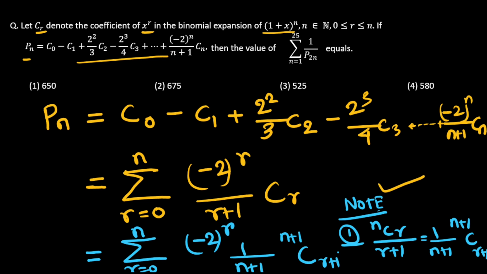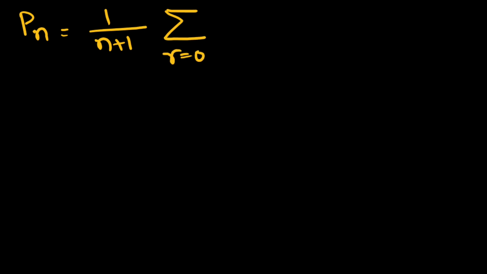Now see carefully, the summation runs for r is equal to 0 to n, so the variable is r. So the 1 over n plus 1 term comes outside the summation. Therefore Pn is equal to 1 over n plus 1 summation, r is equal to 0 to n, of minus 2 to the power r n plus 1 C r plus 1.